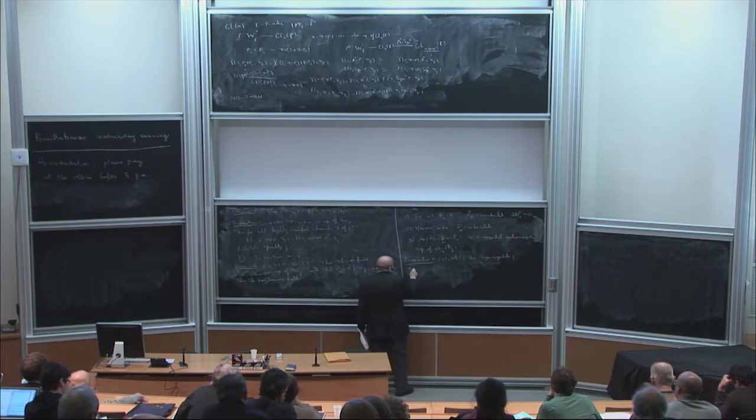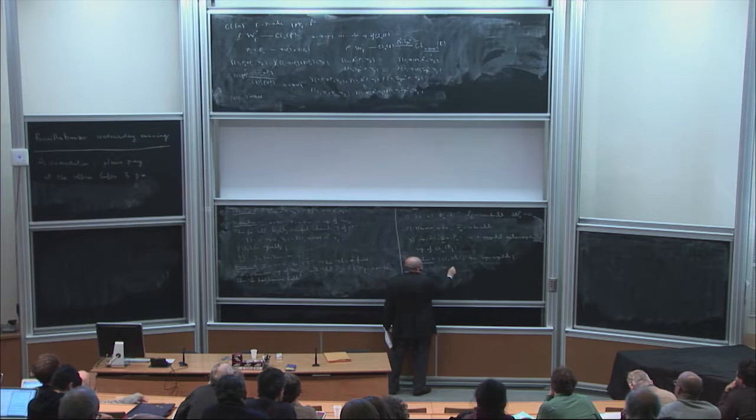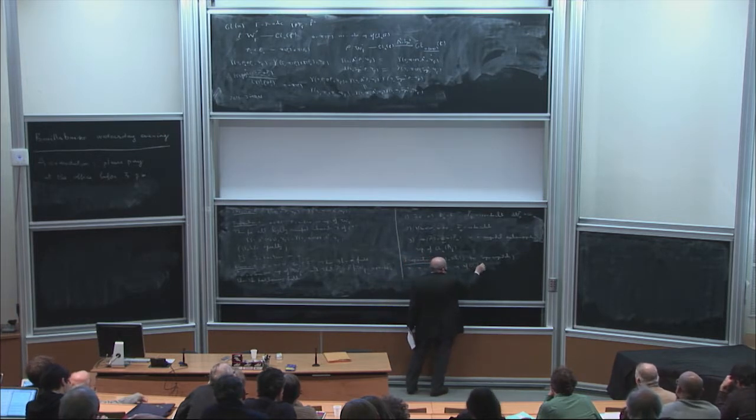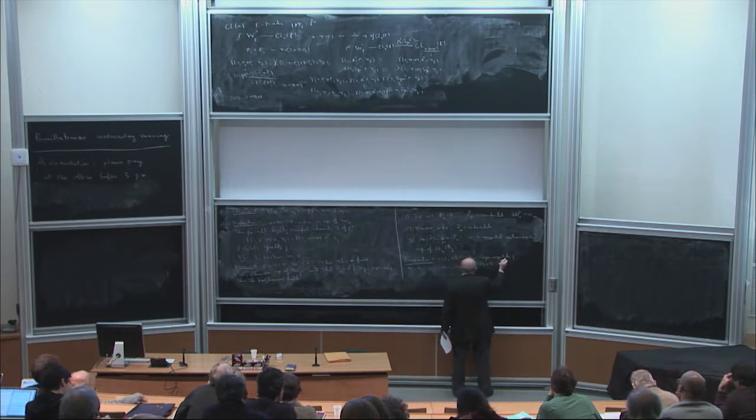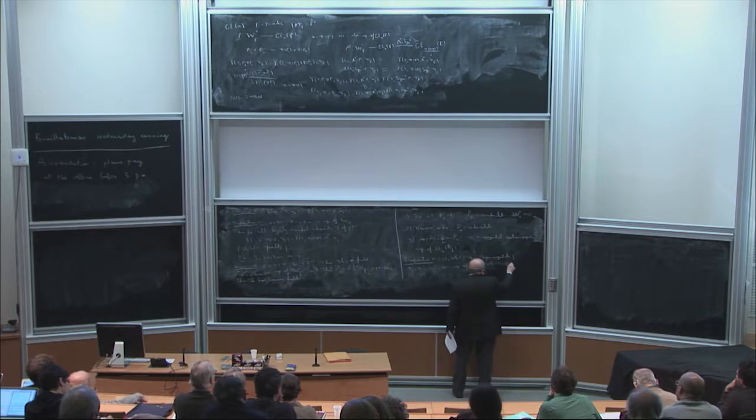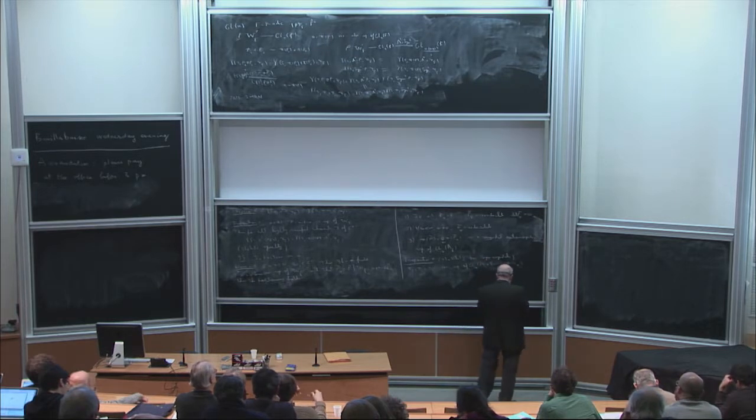Suppose pi 1, pi 2 are supercuspidal irreducible representations of GL_n of F, such that they share a central character, omega pi 1 equal to omega pi 2.